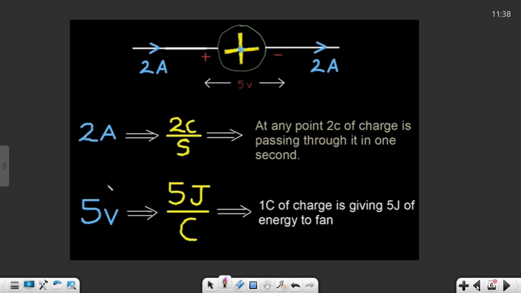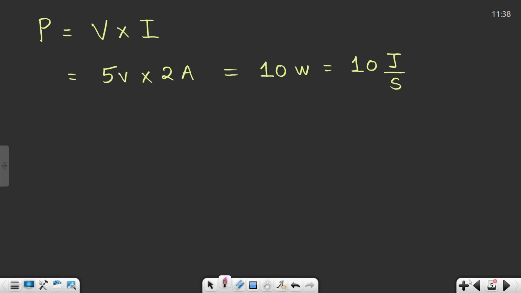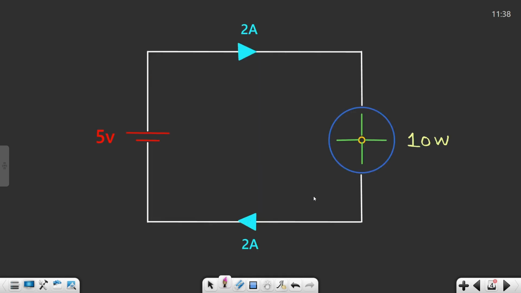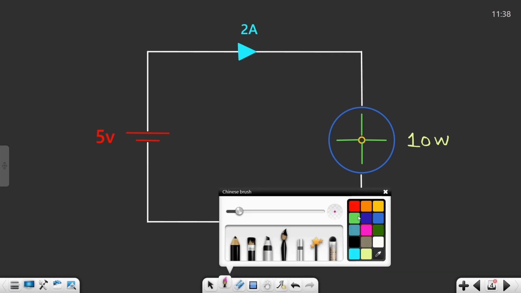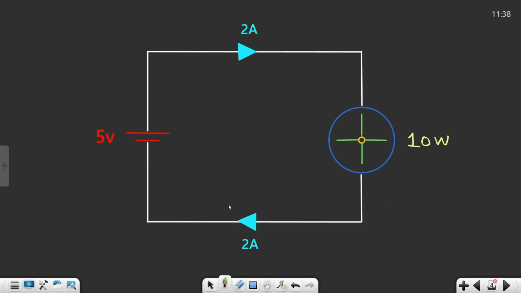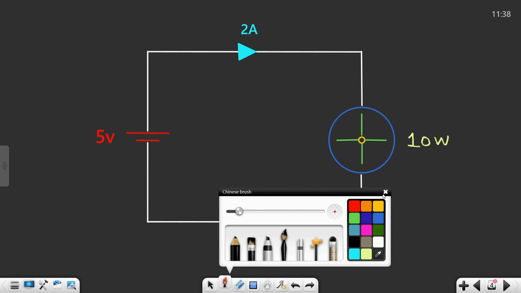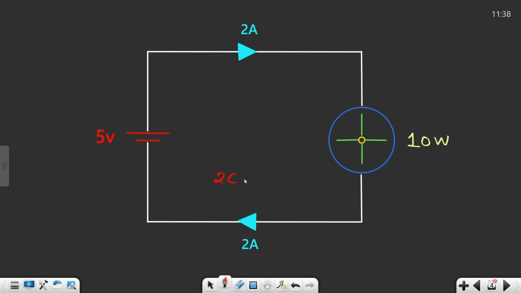So what does that mean? That means, whatever the electrons that are flowing in this entire circuit, let's say if I have 2 coulomb of electrons. Since my current is moving in this particular direction, the electrons will flow in the opposite direction, towards the fan, and obviously they will come out from this particular path.